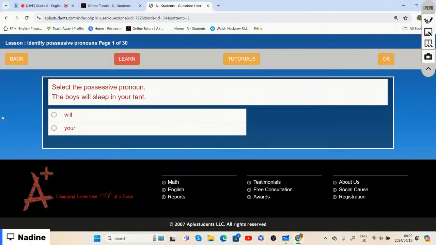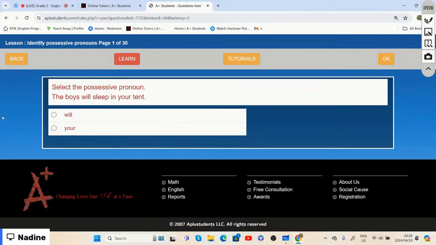A possessive pronoun is the word that would refer to somebody. Either his, her, your, ours, its, theirs, my.